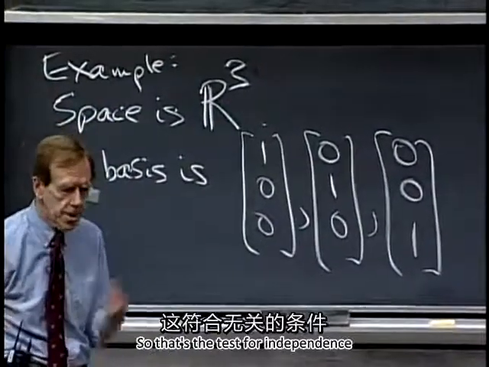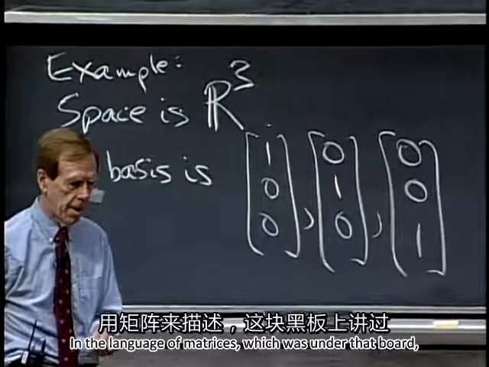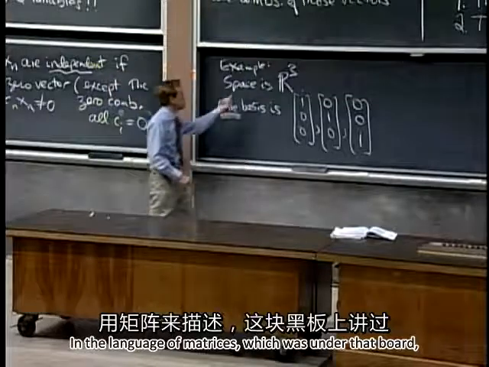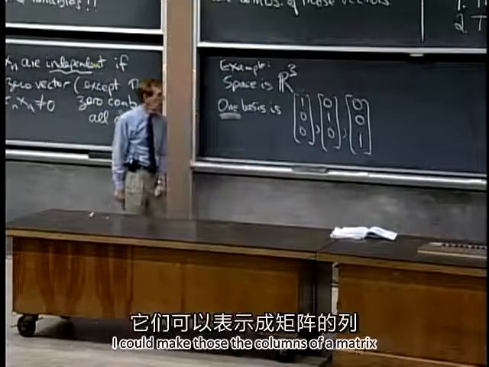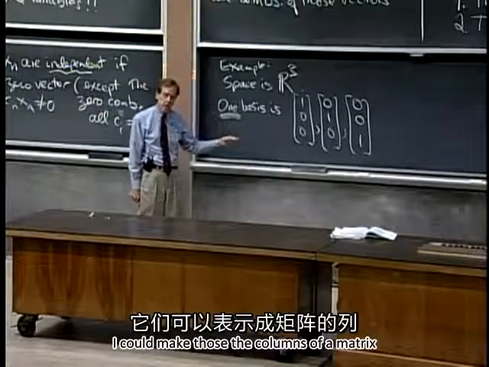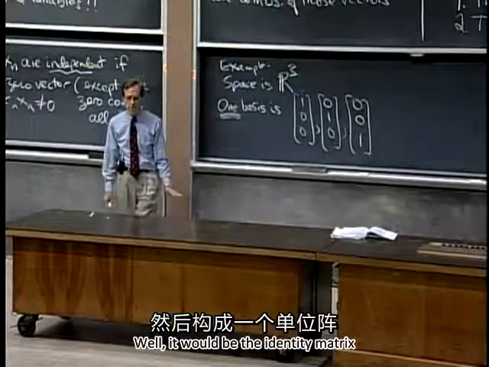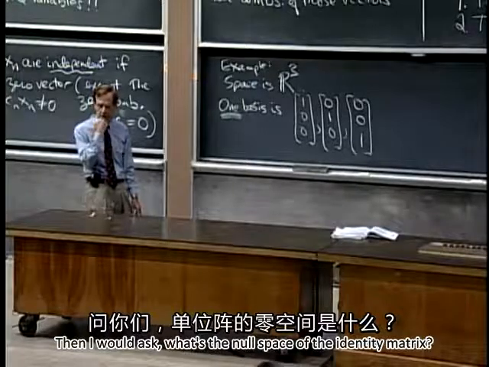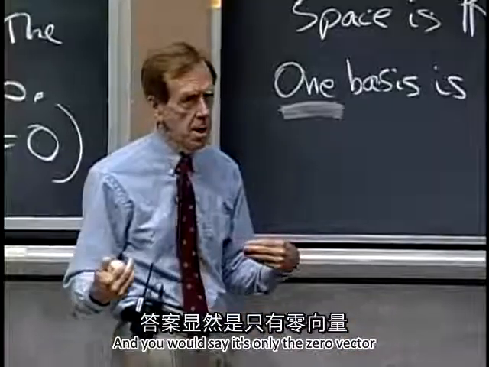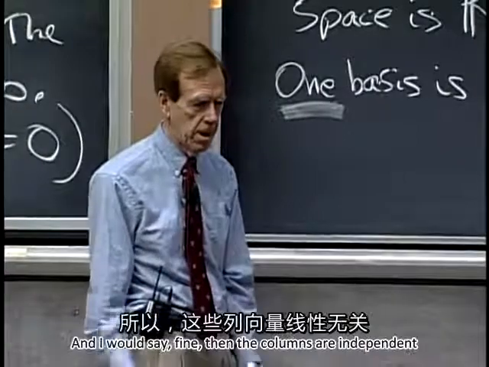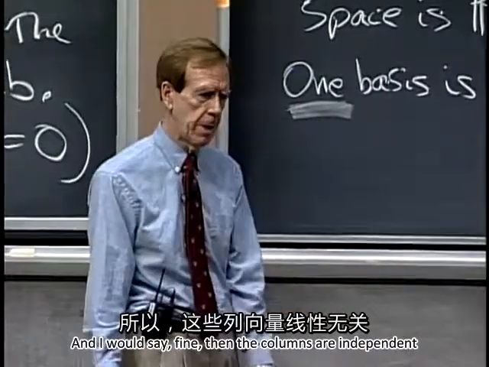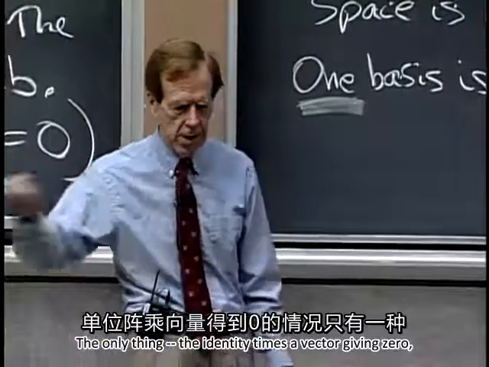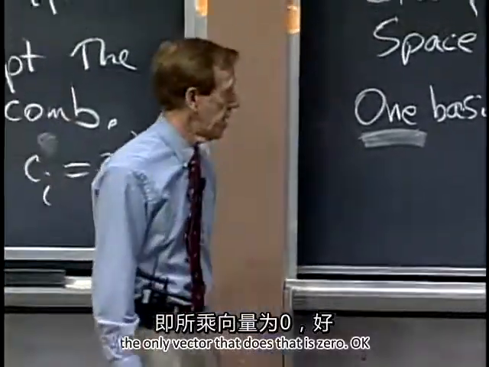That's the test for independence. In the language of matrices, I could make those the columns of a matrix. It would be the identity matrix. Then I would ask, what's the null space of the identity matrix? And you would say, it's only the 0 vector. And I would say, fine, then the columns are independent. The identity times a vector giving 0, the only vector that does that is 0. Okay.